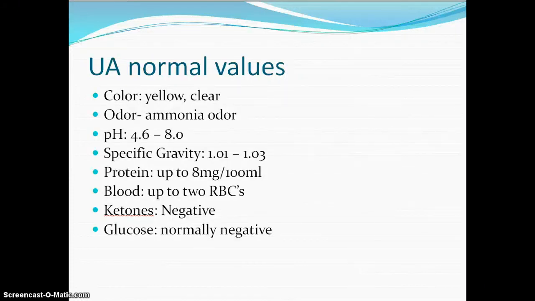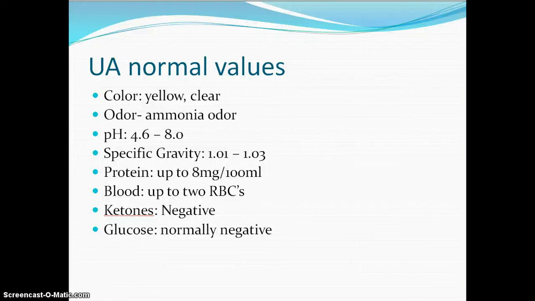Our normal values are listed on page 1054. We always want to look for the color because that tells us a lot about their hydration status. If it's a very dark amber urine, they're pretty dehydrated because their body is holding on to fluid, and they send the waste product out in a very small volume of urine output. When we look for the blood, that can tell us about kidney damage, or like I said earlier, maybe the ureter got nicked during surgery, or it could be contaminated from a female.